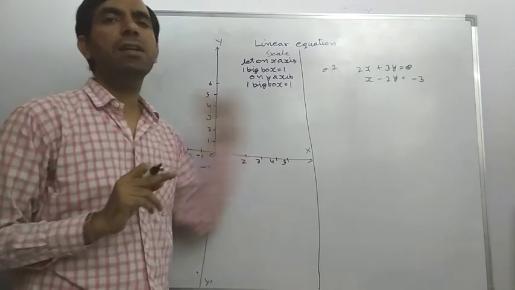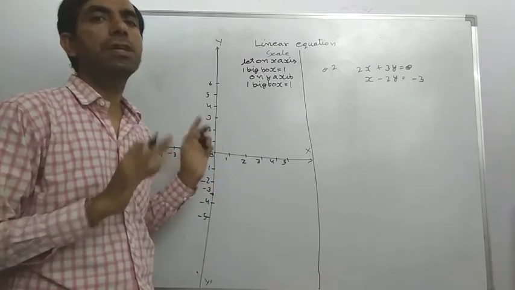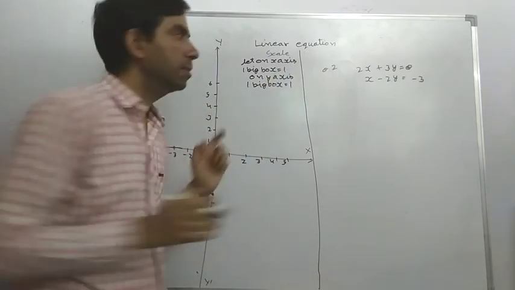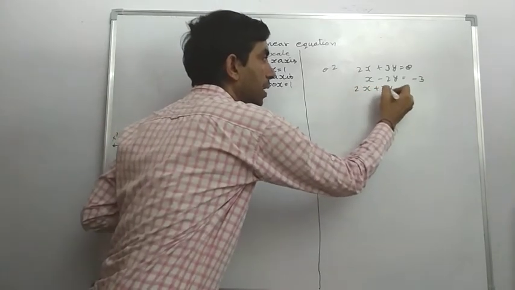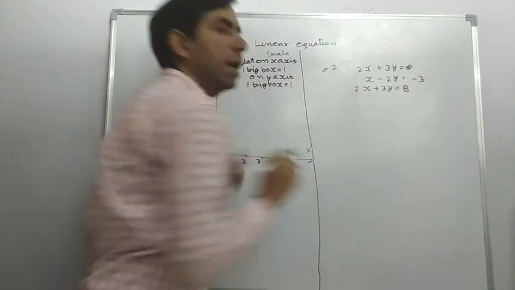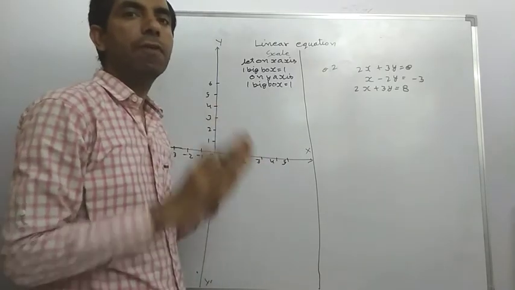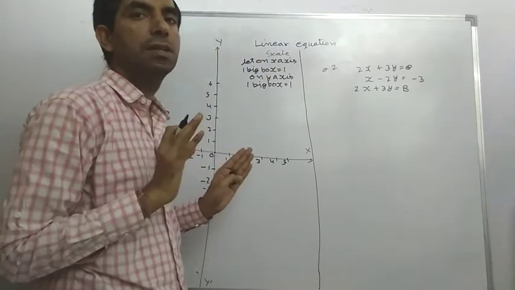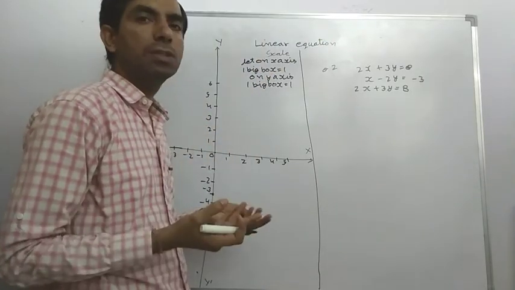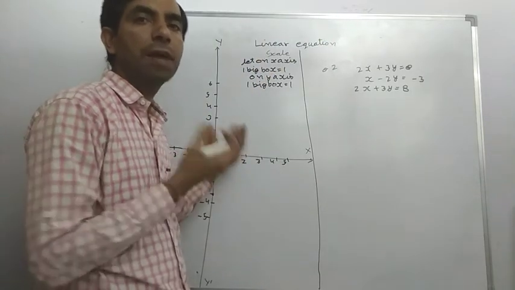For finding the solution of any linear equation in a graph, generally we write the linear equation 2x plus 3y is equal to 8. And always we take one alphabet on the left side and we transfer all other things to the second side. It is our choice which alphabet we want to take on the left side.